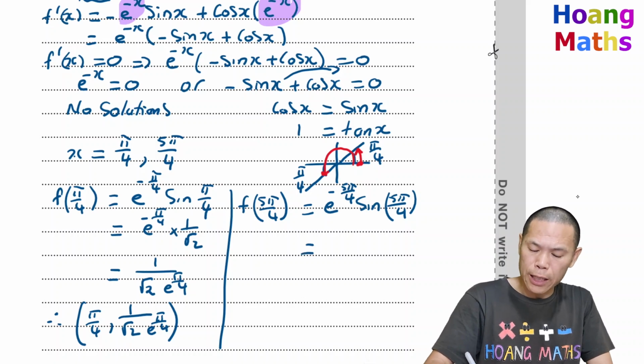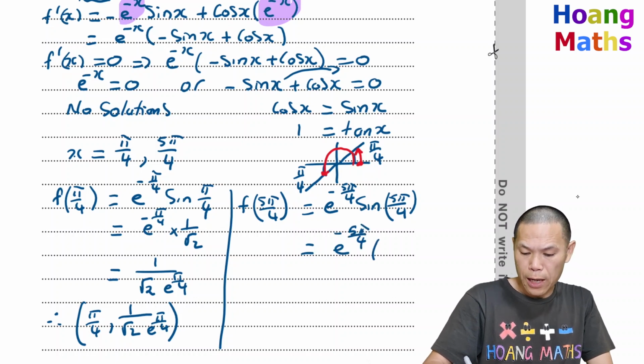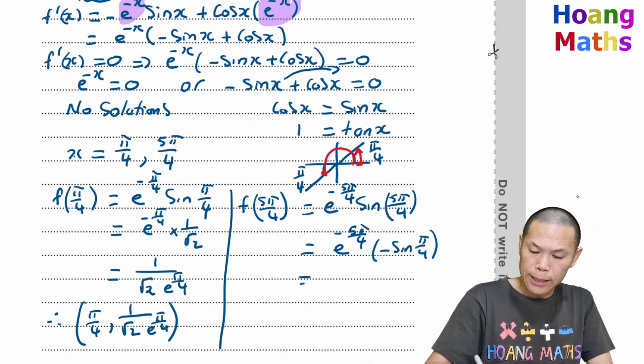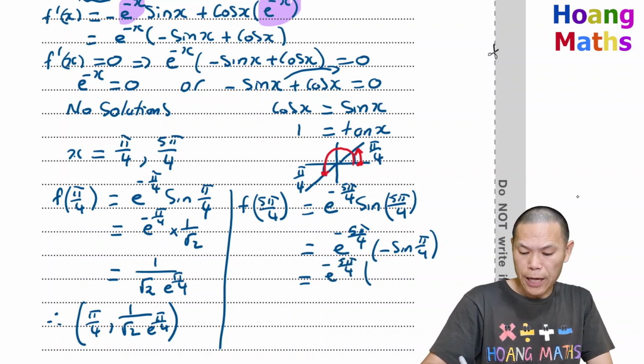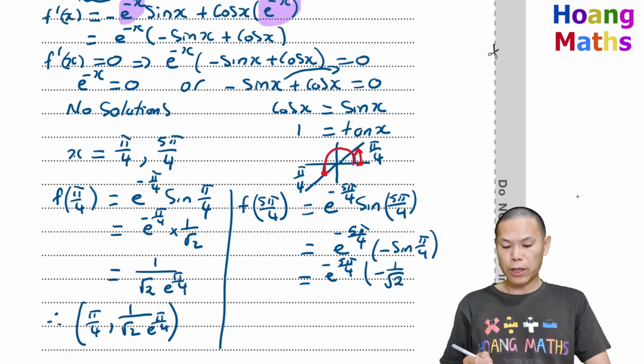So this is e to the negative 5 pi over 4 and negative sine pi over 4. So the answer is e to the negative 5 pi over 4 times negative 1 over root 2. So keep that in mind.